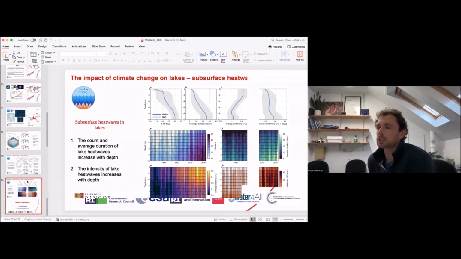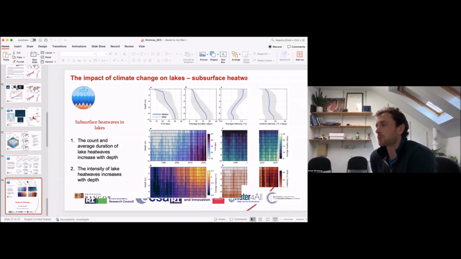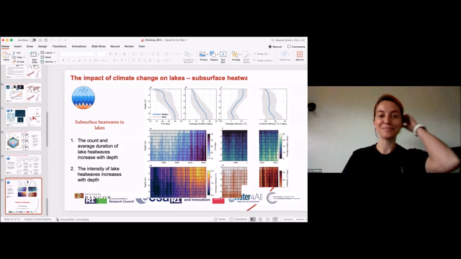Others will stay constant, but whatever happens, it will have a big impact on the biogeochemistry as well as the ecology. It's a big unknown, really. In terms of the physical lake processes, one of the things we haven't done is the future modeling of water quantity. Yeah, makes sense. Thanks. Cheers.